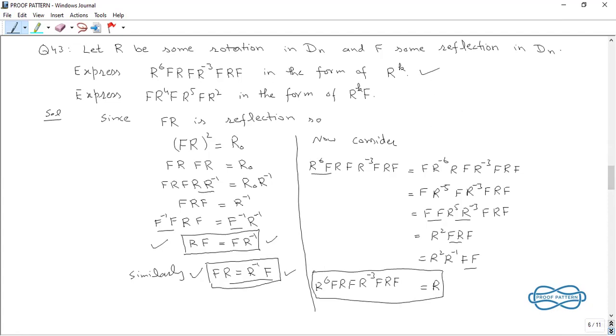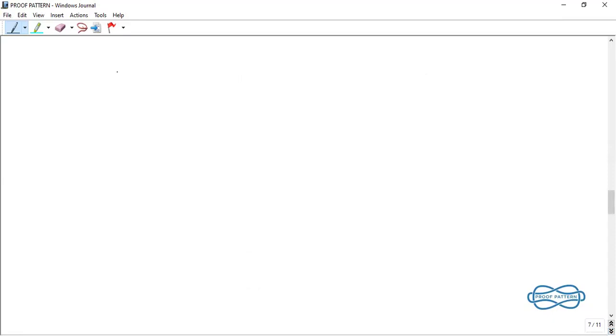Okay, we now move to the second result. I write those derivations here because we have to use these for the proof of the second part.